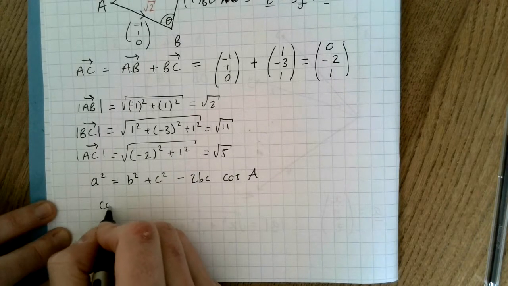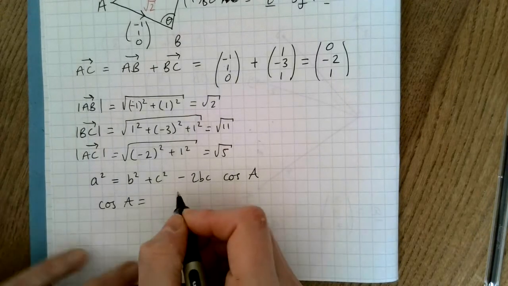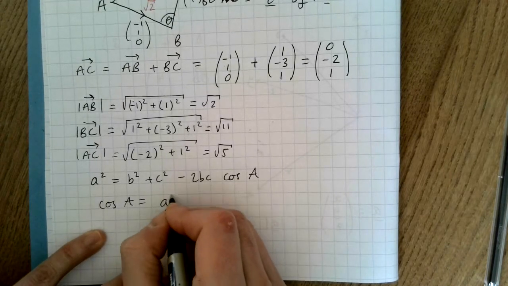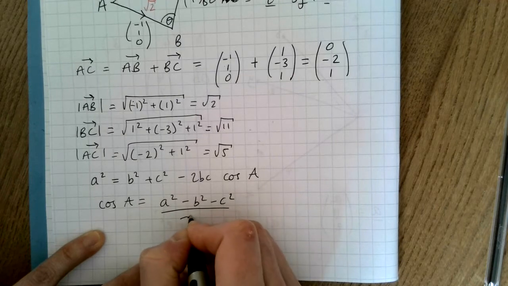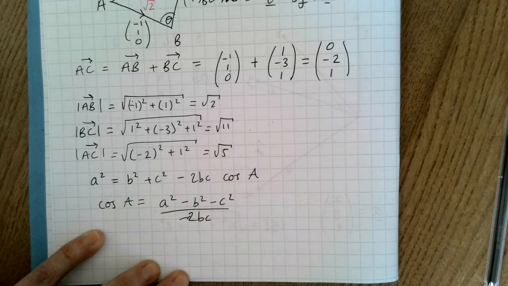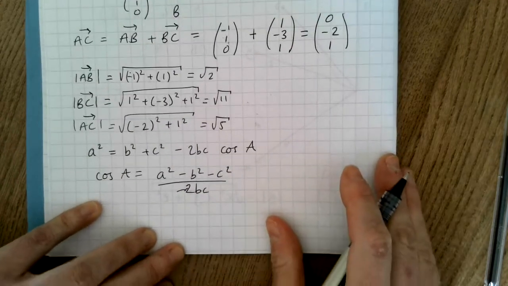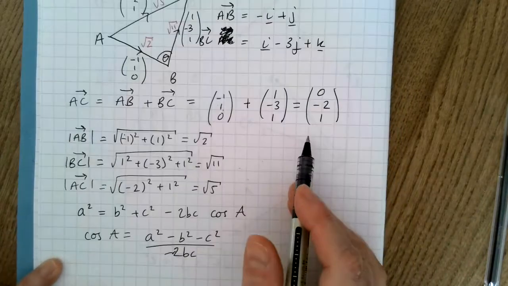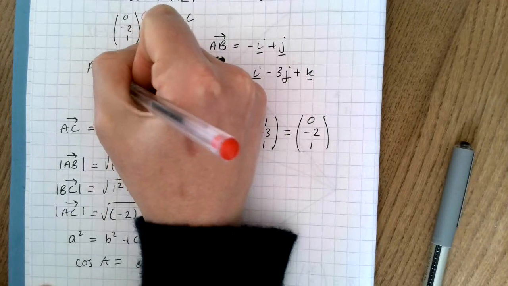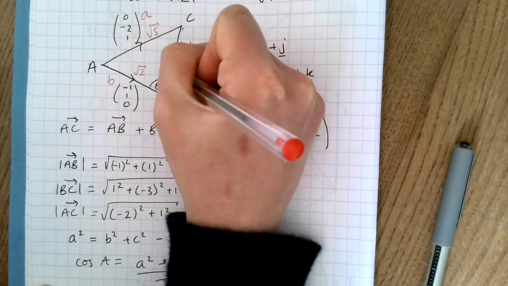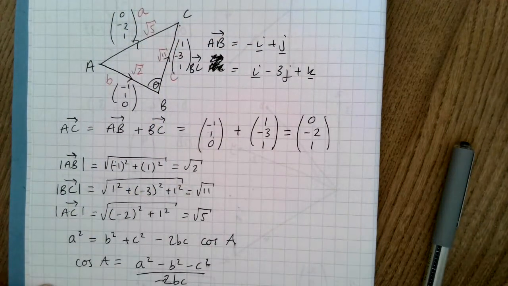So if I rearrange that, some people remember a different form of this. I just always rearrange it to get that. So in this is my A, I'll call that my B and that my C. They can go either way around.